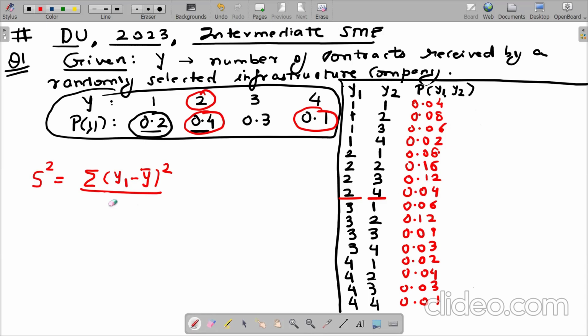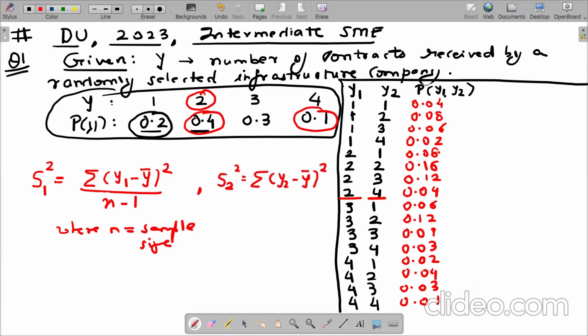So this is S1 square. And similarly, S2 square will be summation y2 minus y bar square over n minus 1. In both these cases, guys, n is 2.